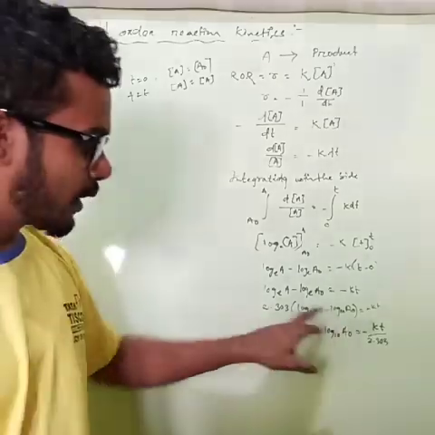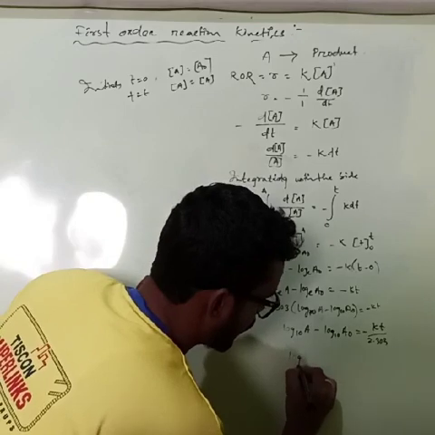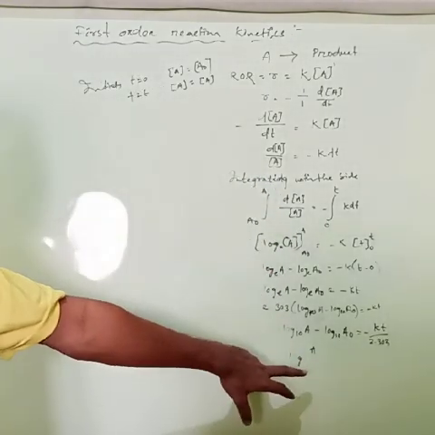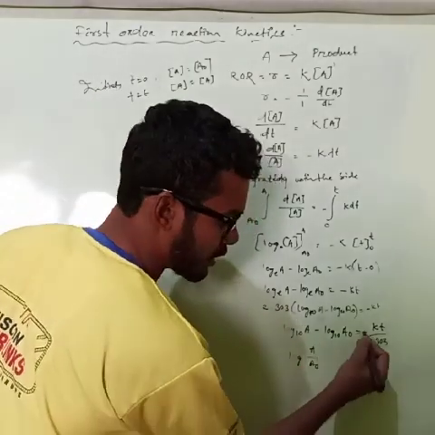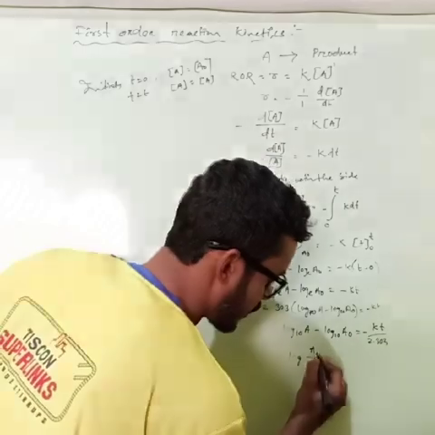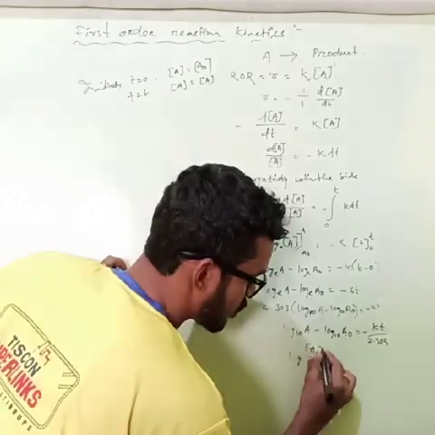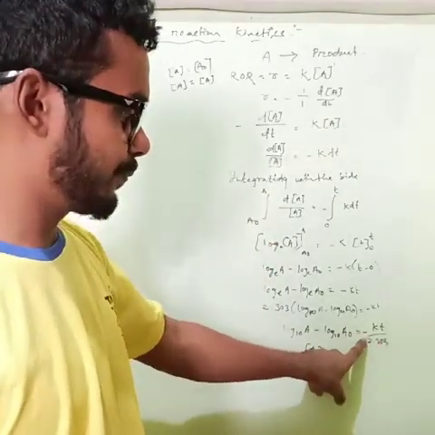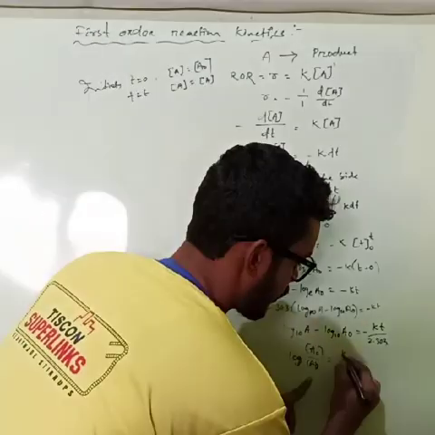So this term you can write as log of A by A naught, or by multiplying with minus, log A naught by A. Yes or no? If you multiply by minus, it will be log A naught by A equals K t by 2.303.